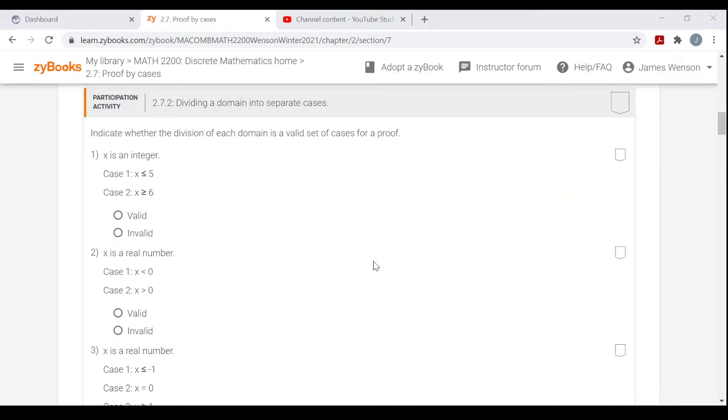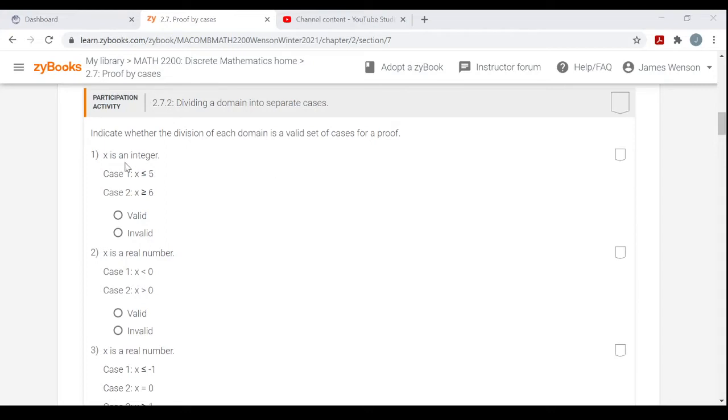Now, here's an activity where you're asked, if I'm given a certain domain, would the following cases be enough in a proof by cases? Indicate whether the division of each domain is a valid set of cases for a proof. Remember, every single value in the domain has to be accounted for.